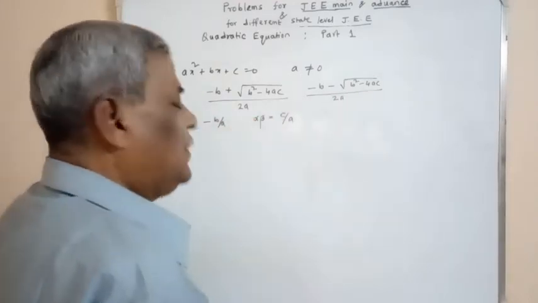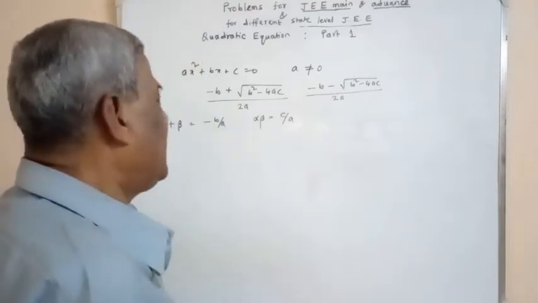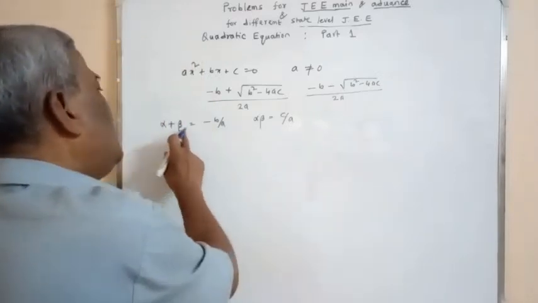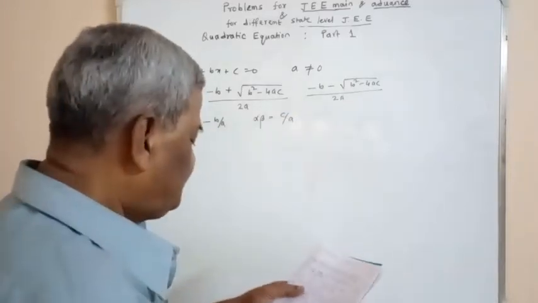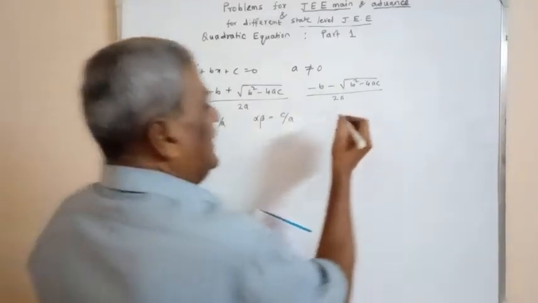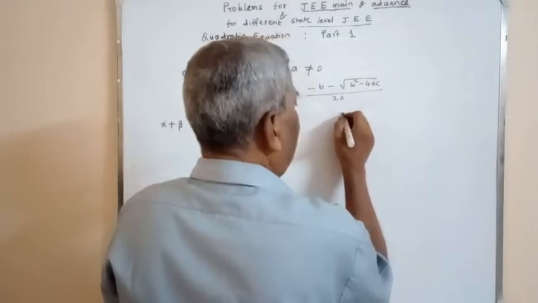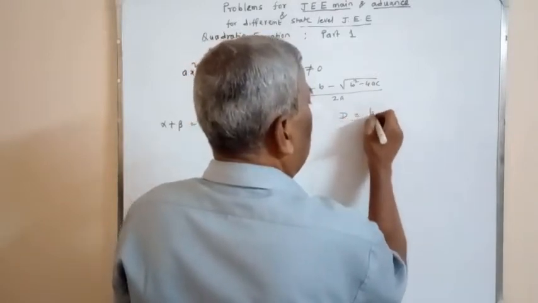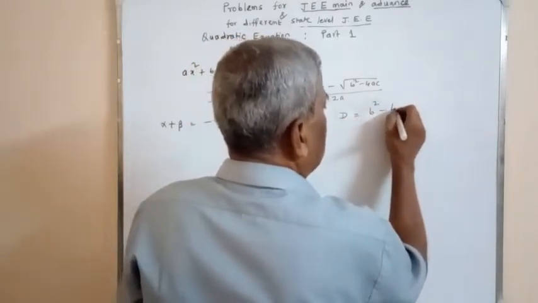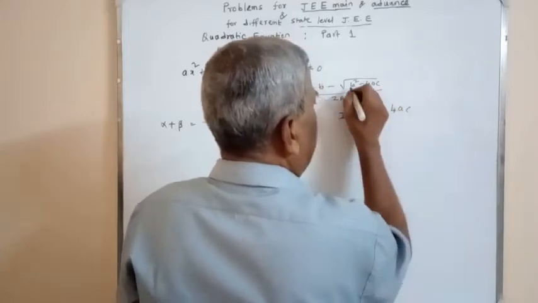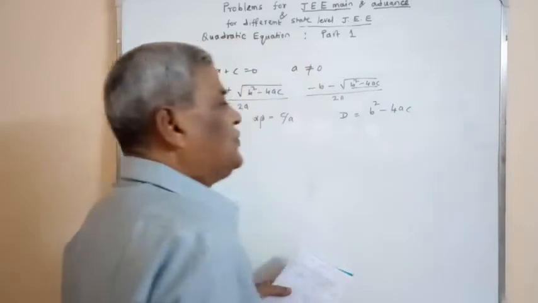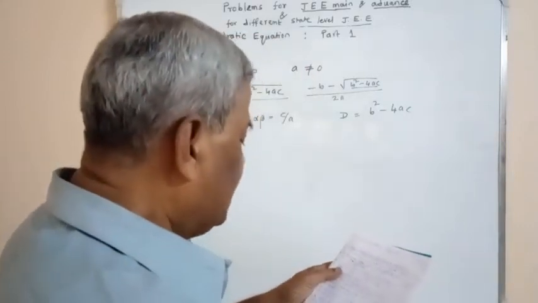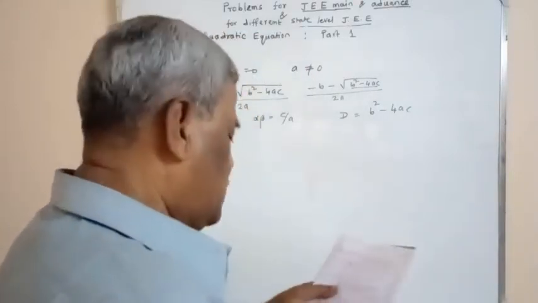These two are known as the relations between roots and coefficients a, b, c. D is equal to b squared minus 4ac. This one is known as the discriminant of the equation.